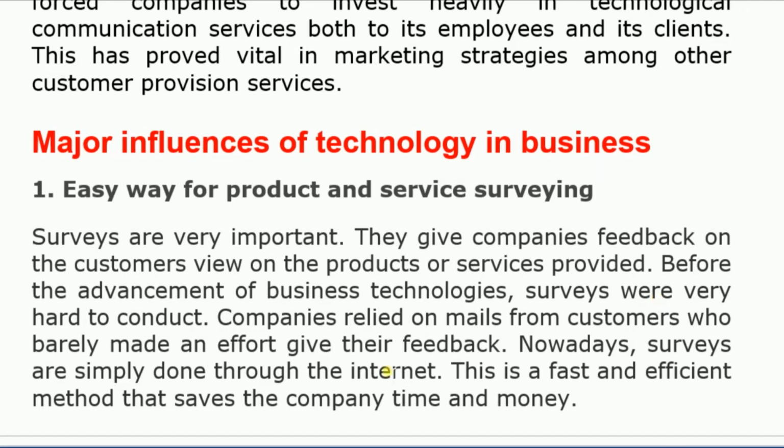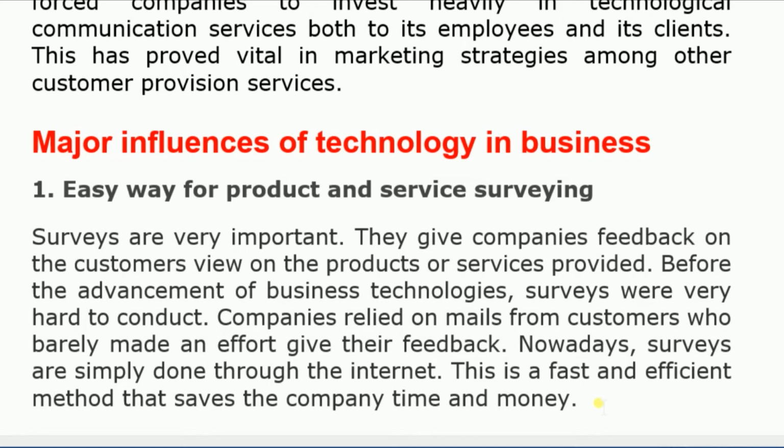Before the advancement of business technology, surveys were very hard to conduct. Companies relied on mails from customers who barely made an effort to give their feedback. Nowadays, surveys are simply done through the internet. This is a fast and efficient method that saves the company's time and money.